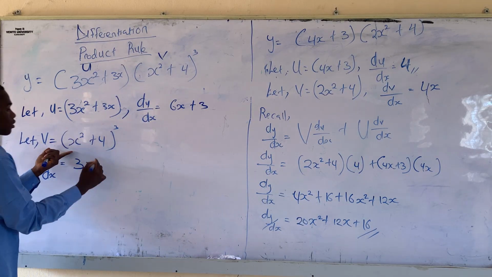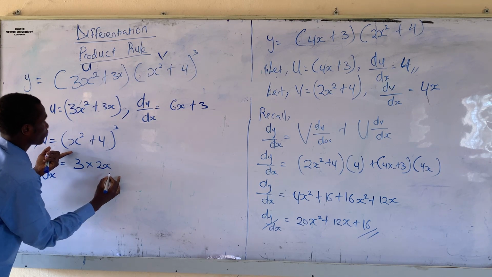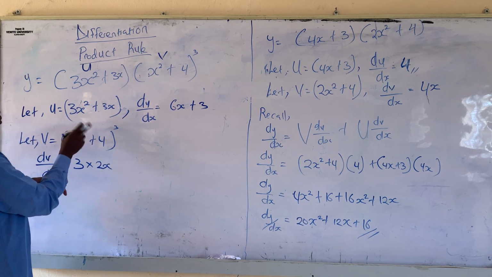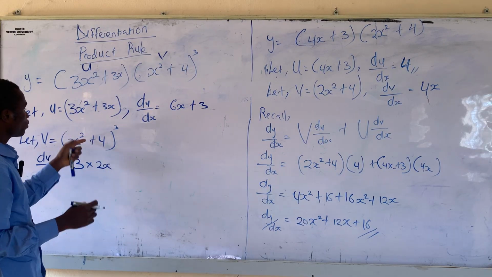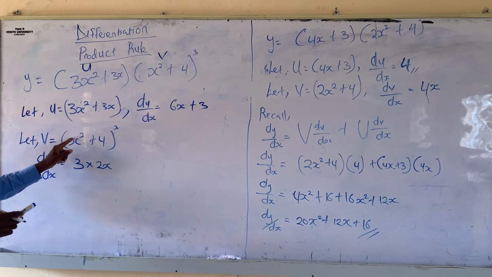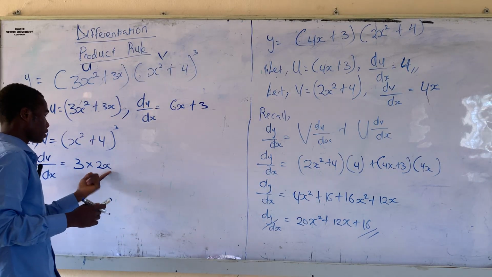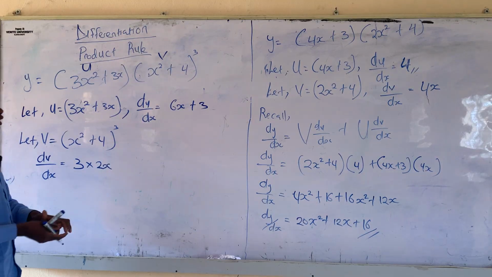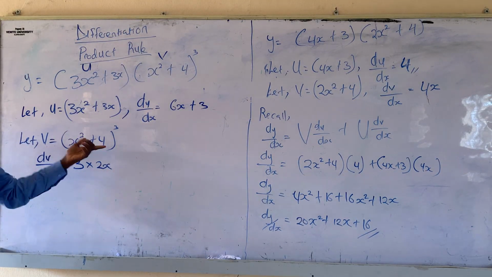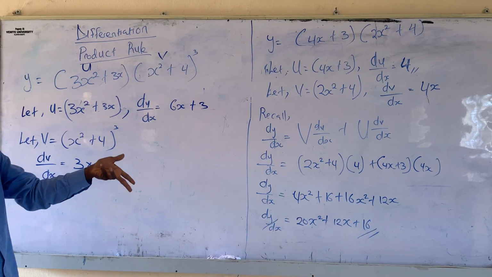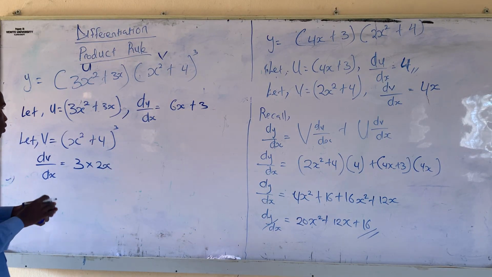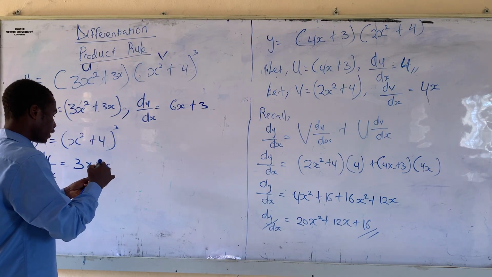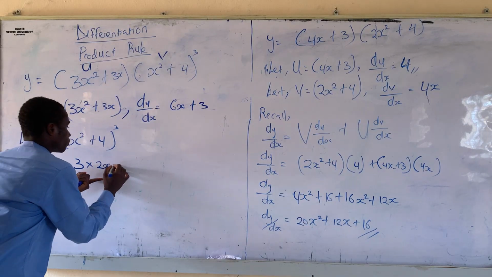This becomes 2x, and the constant 4 is differentiated to 0, because whenever you differentiate a constant, it results in 0.